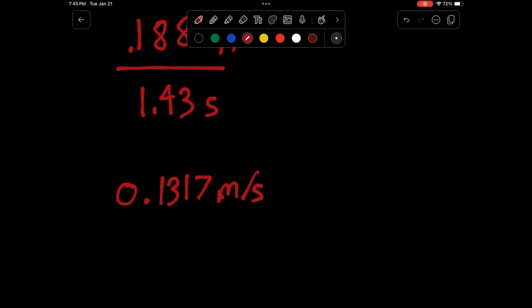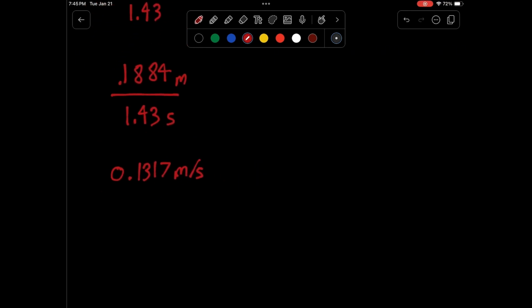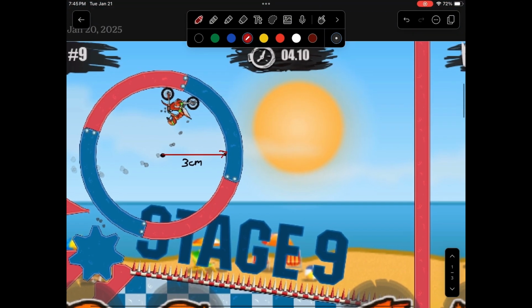The Moto X3M rider moved at 0.1317 meters per second.